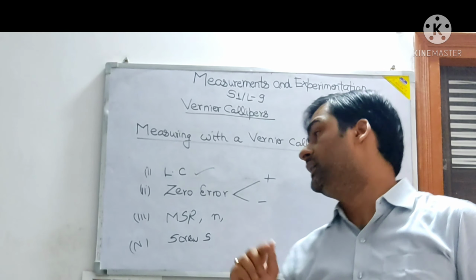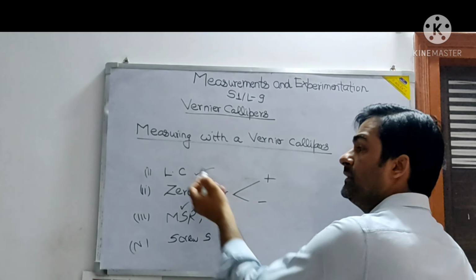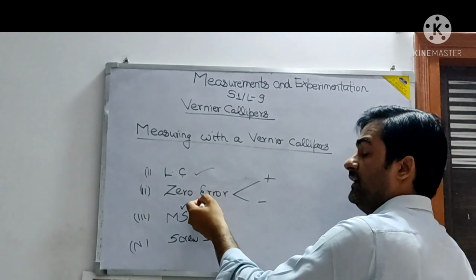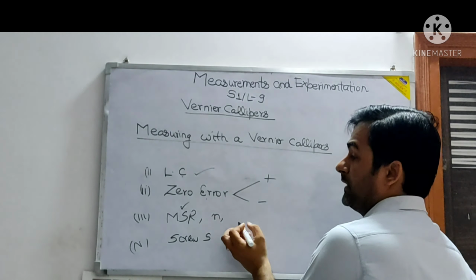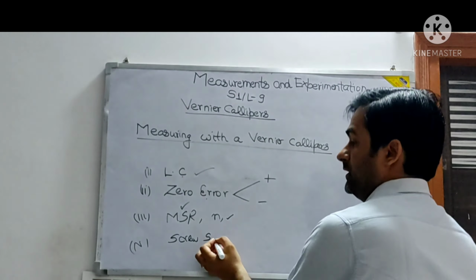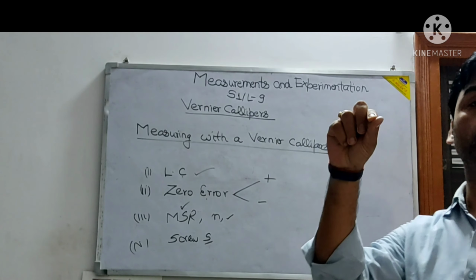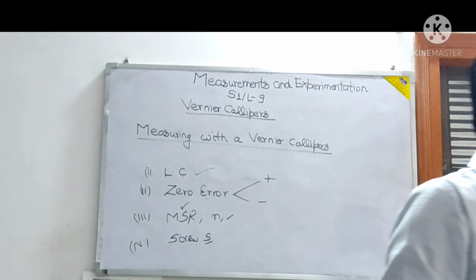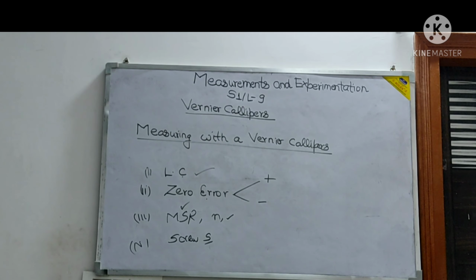Remove the object, and then determine the main scale reading. The least count you already determined. Check whether zero error is there or not, and determine the coinciding division. With the help of screw S, you have tightened the screw and fixed the position. Then what will we do next?